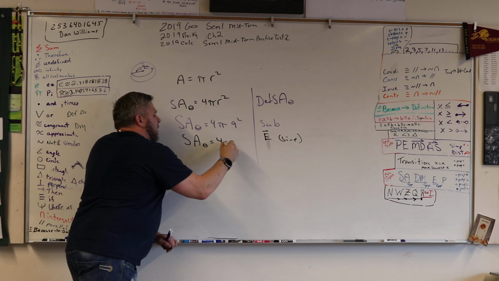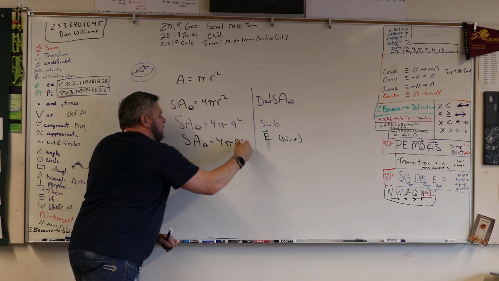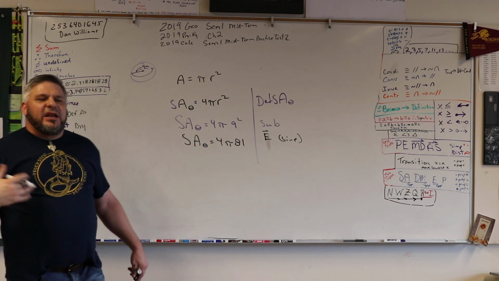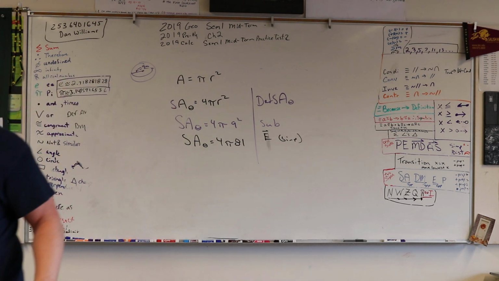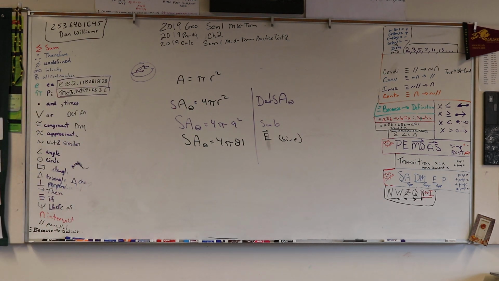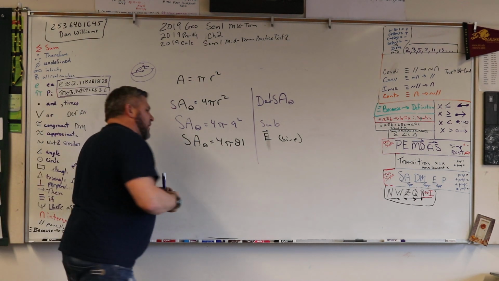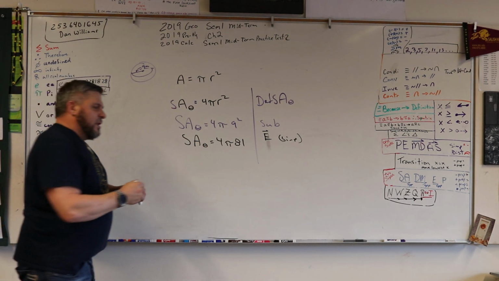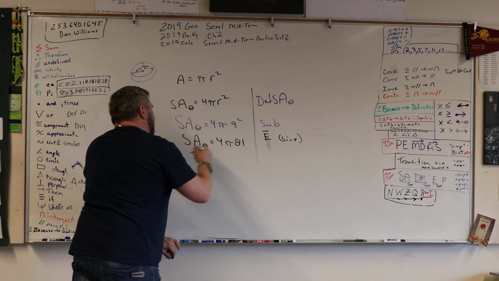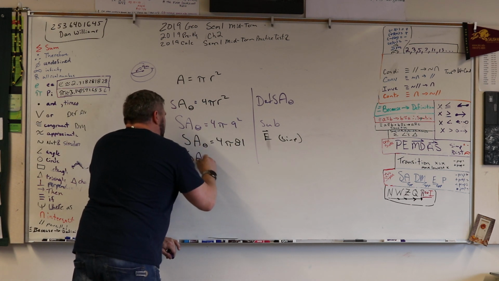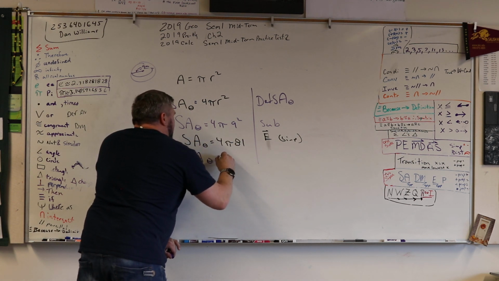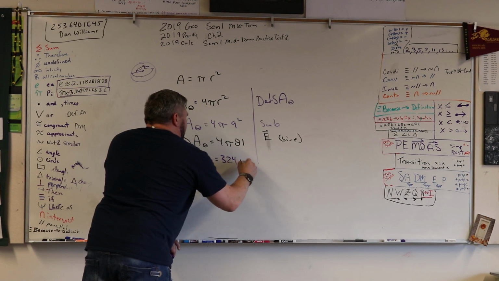So 4 pi 81. Now if I think of 4 81s, well, 4 times 8 is what? 32. So that would be 320, plus 4, so it would be 324. So the surface area of this sphere is equal to 324 pi.